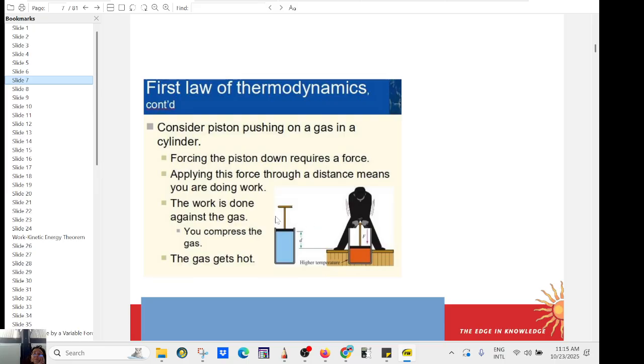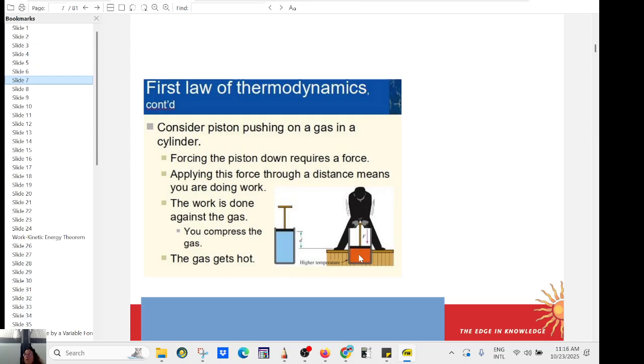So you can apply this principle to thermodynamics, okay? So if you are pushing here, so this is a gas, for example, like inflating the tire of a bike. If you push, and you prevent the air from escaping, you touch it, it's going to be warmer because you are doing work. You are applying a force over a distance, so you are transferring energy to the system that goes into kinetic energy.